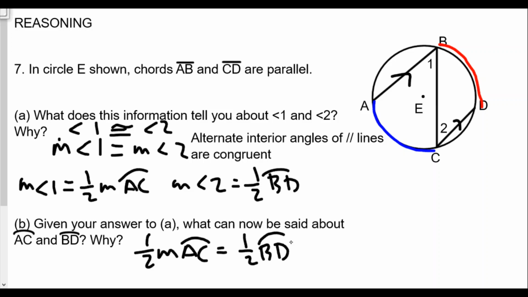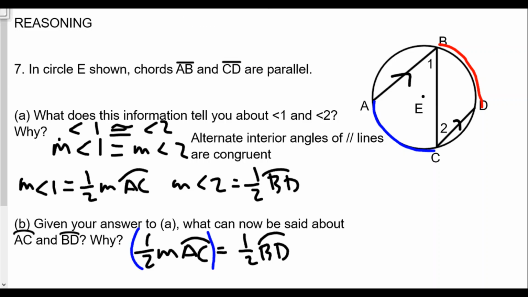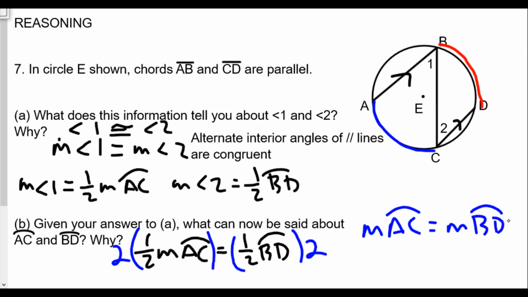If you multiply both sides by 2, we get the measure of arc AC is equal to the measure of arc BD. So they have the same measure, and therefore arc AC is congruent to arc BD.